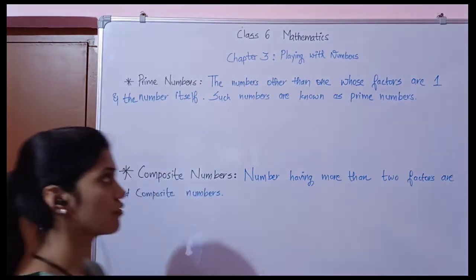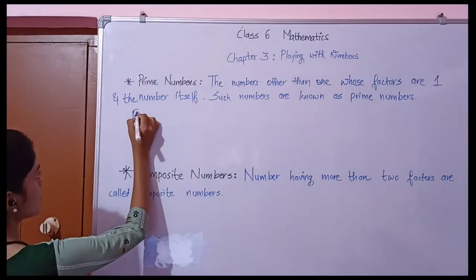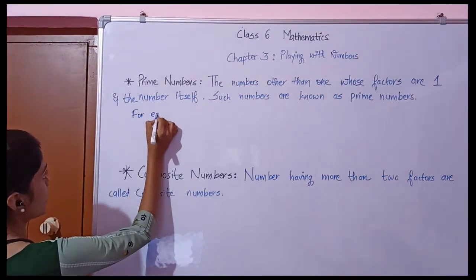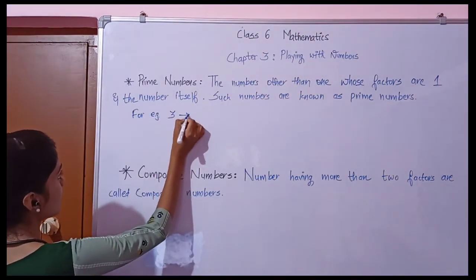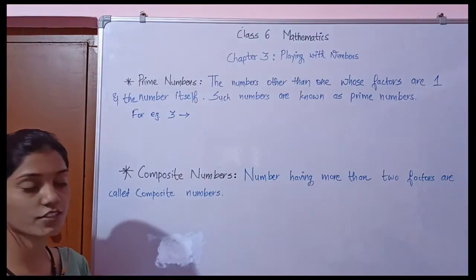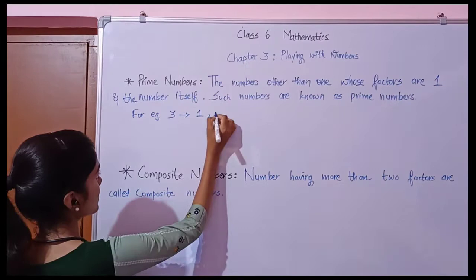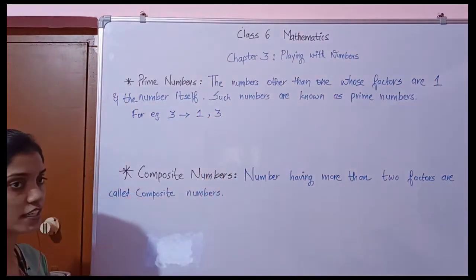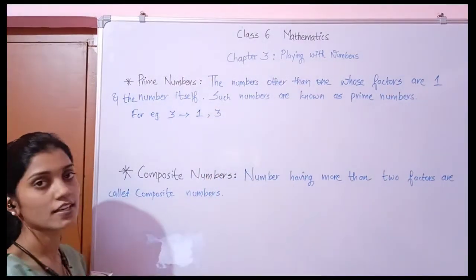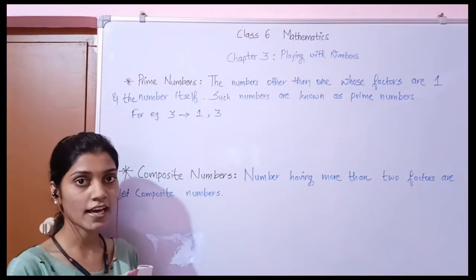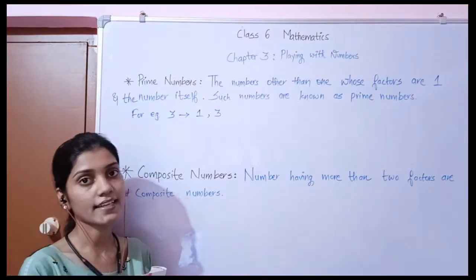Let's take an example. For example, if I take 3, now quickly tell me the factors of 3. We know that 1 and 3 are the factors of 3. As we have discussed in the definition, the number should have the factors 1 and the number itself.